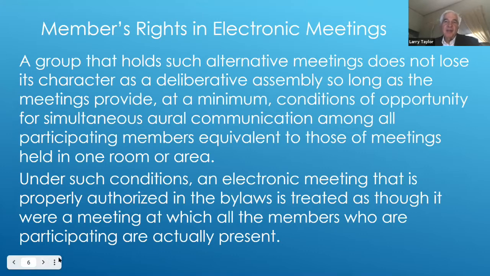In electronic meetings, and this is straight out of the book, a group that holds such alternative meetings does not lose its character as a deliberative assembly so long as the meetings provide, at a minimum, conditions of opportunity for simultaneous oral communication among all participating members equivalent to those of meetings held in one room or area.